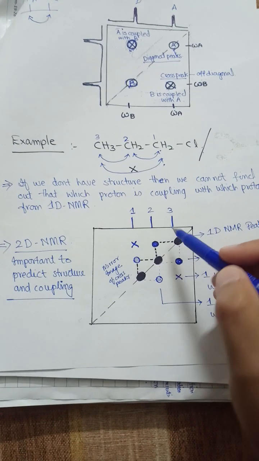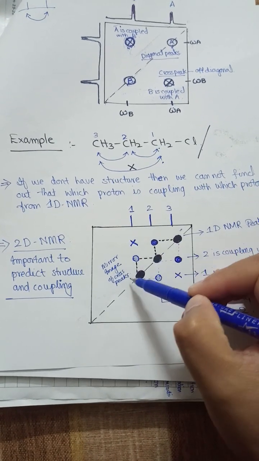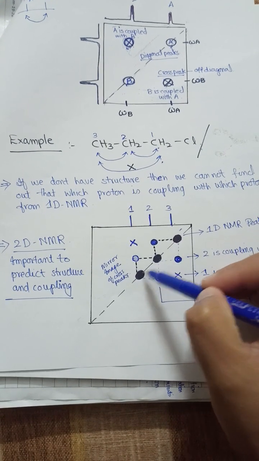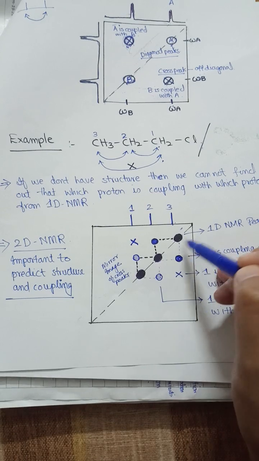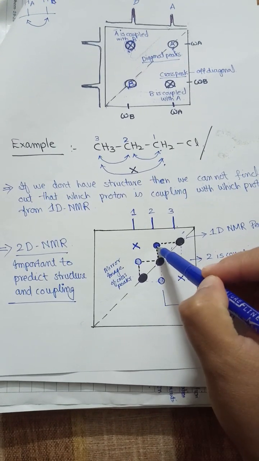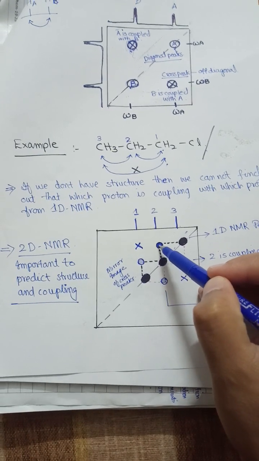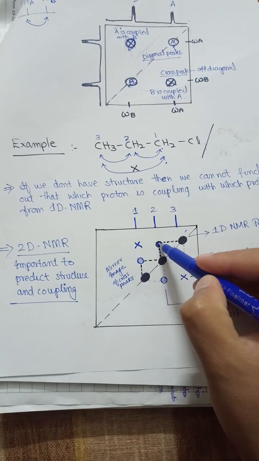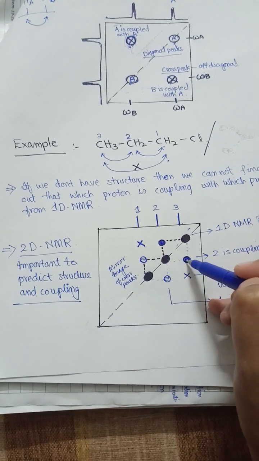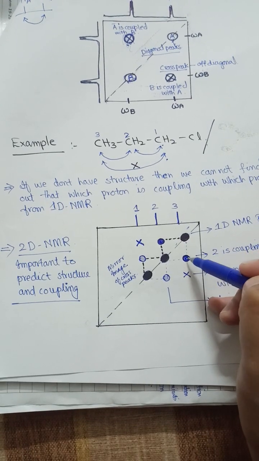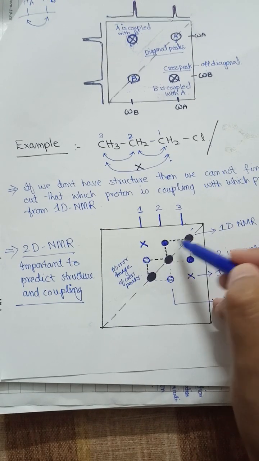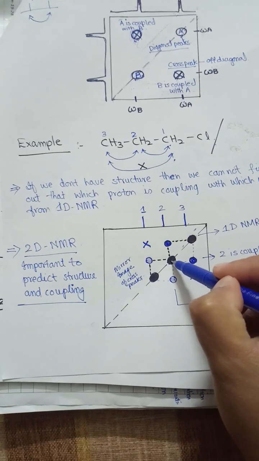Let's suppose we have the diagonal peaks for the 1, 2 and 3 protons. These are the diagonal peaks, and they represent that three different kinds of protons are present. Then we get a cross peak here, which represents that 2 is coupling with 3, and its mirror image here also represents that 3 is coupling with 2.